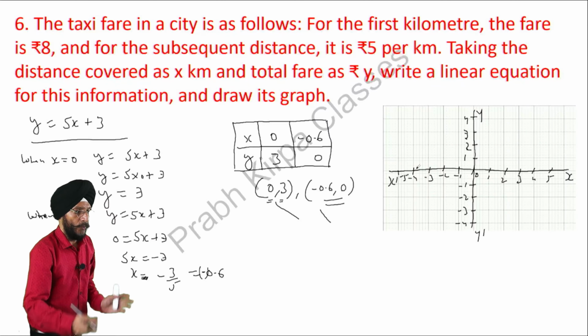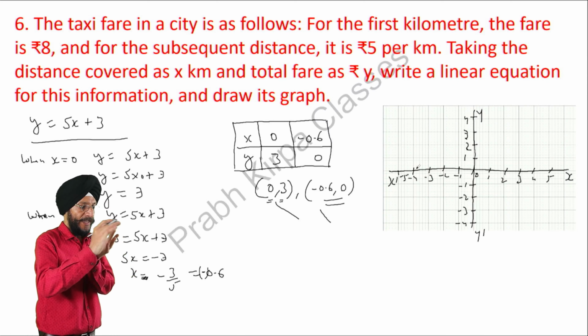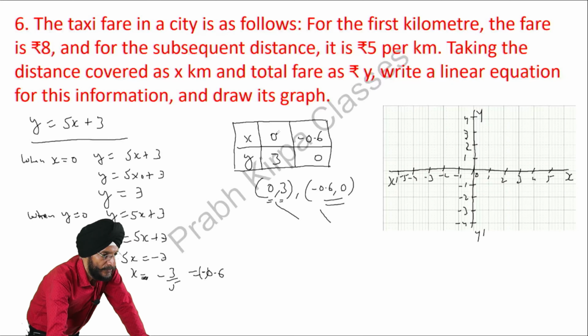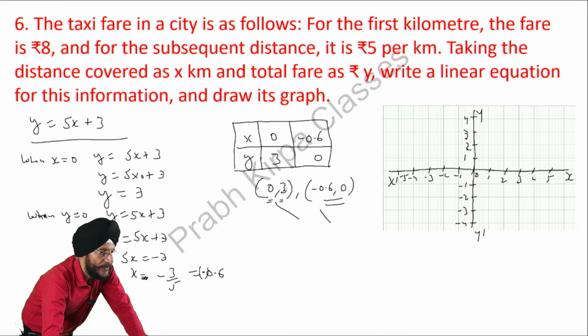Now what will we do? We will put in the values of x and y to find the points to be plotted. The first point is where the value of x is 0 and the value of y is 3. This is the first point.